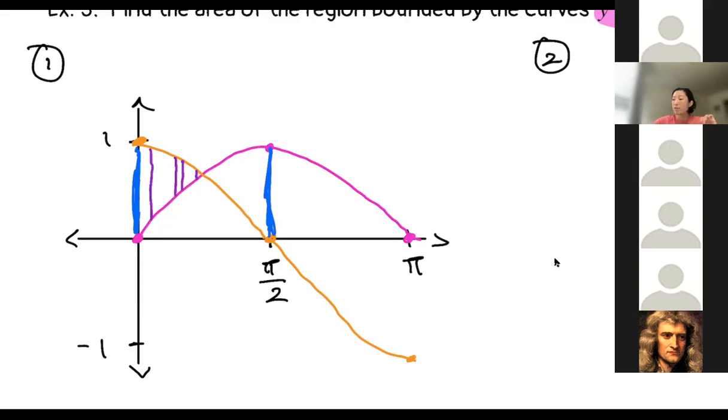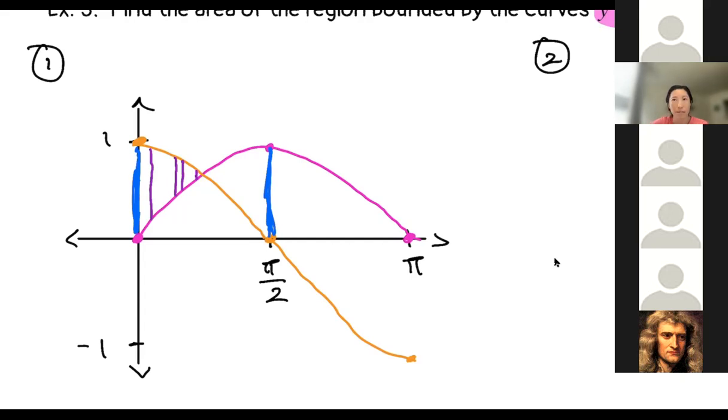Yes, okay. So if you were to set up this integral right here, you would have your integral from a to b of the orange curve minus the pink curve, right? Orange is on the top, pink is on the bottom of that rectangle. So therefore, we would say top minus bottom, or orange minus pink.